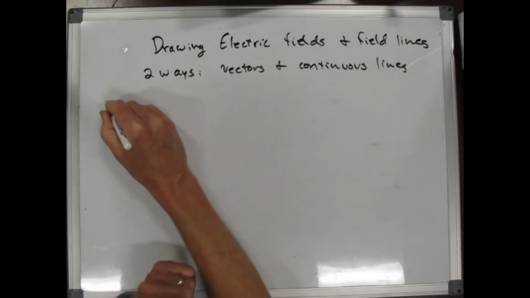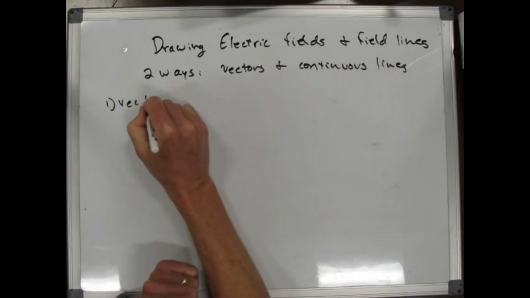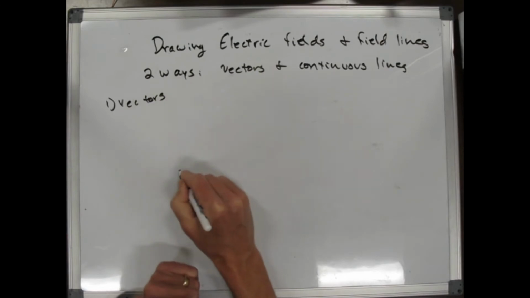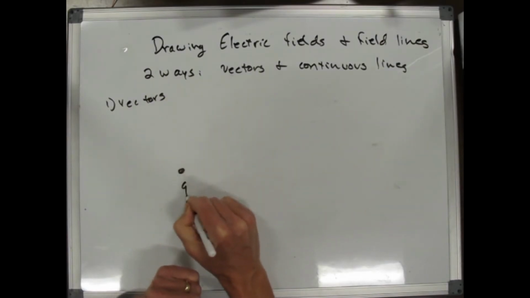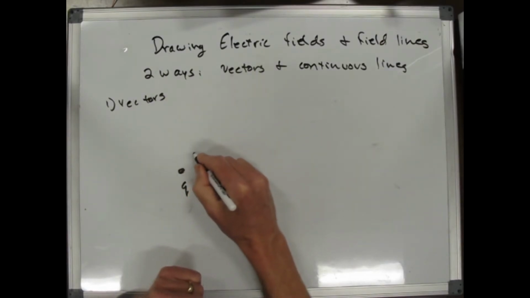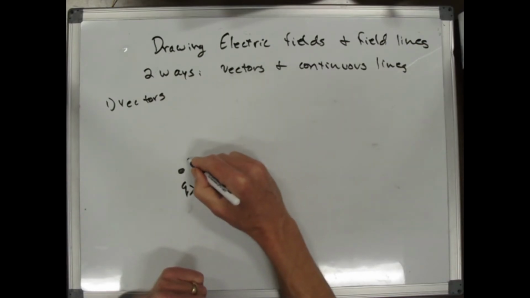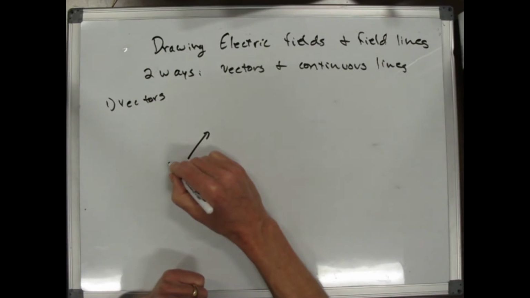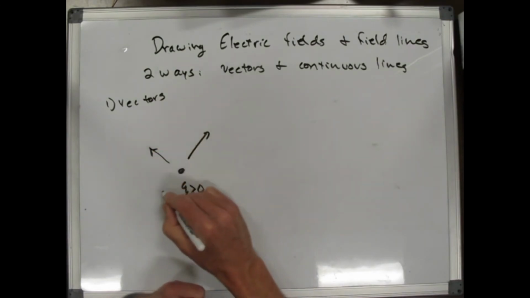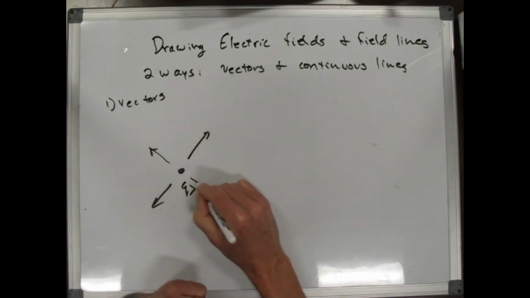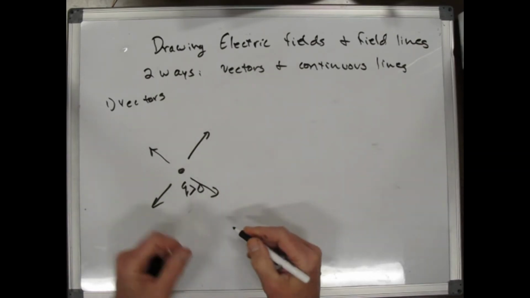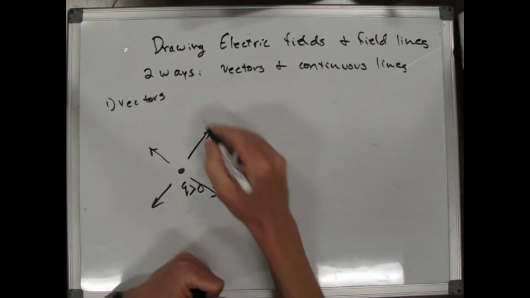So the first way, if I have some charge Q here, let's say it's greater than 0, right? Then I can draw arrows indicating the direction that the charge would go if placed at that point.